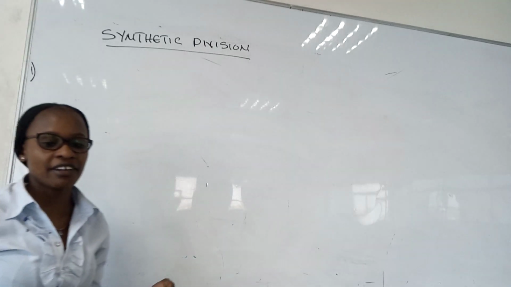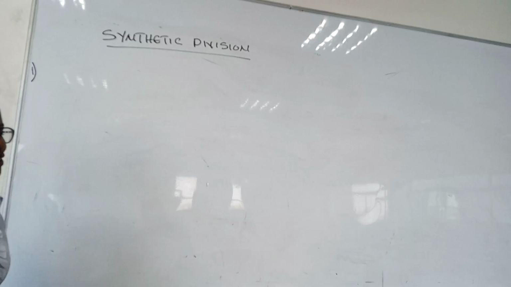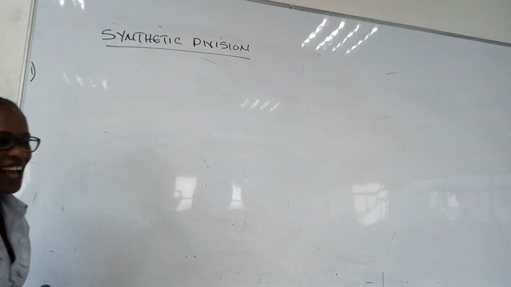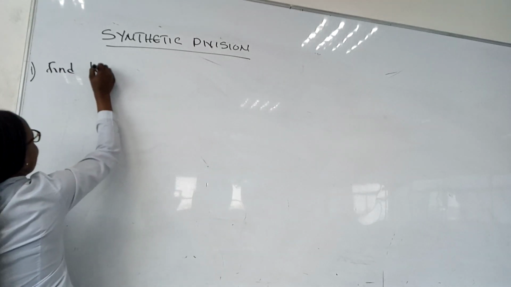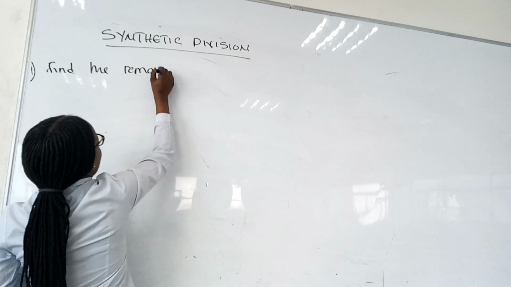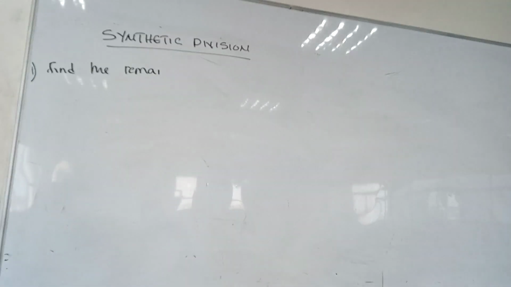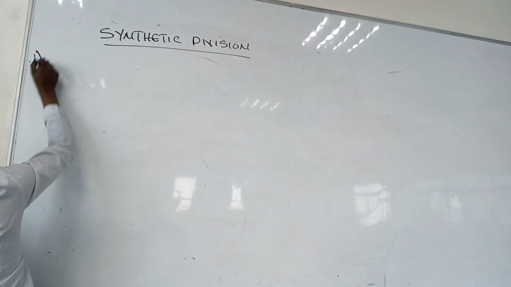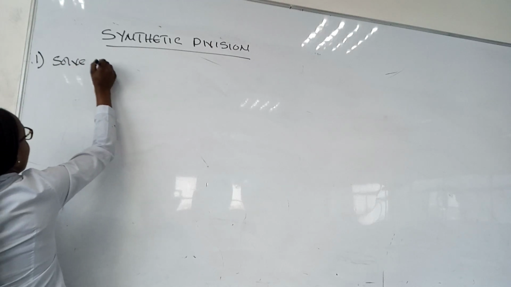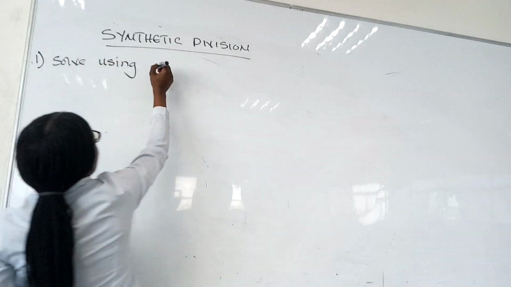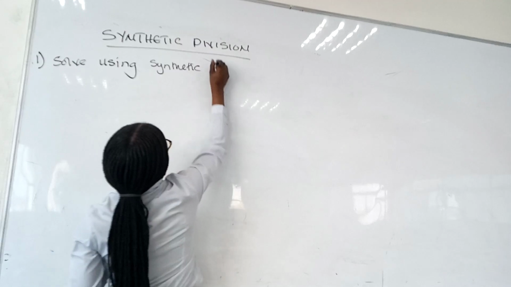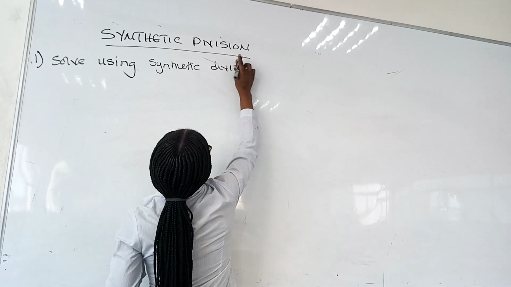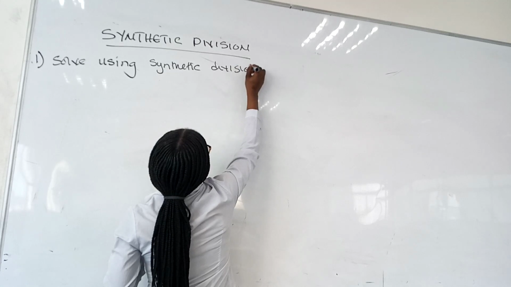Okay, so if you've been given this one, you could also be asked to find the remainder and the quotient. Or instead of saying find, we can even say solve. So we'll say solve using synthetic division.